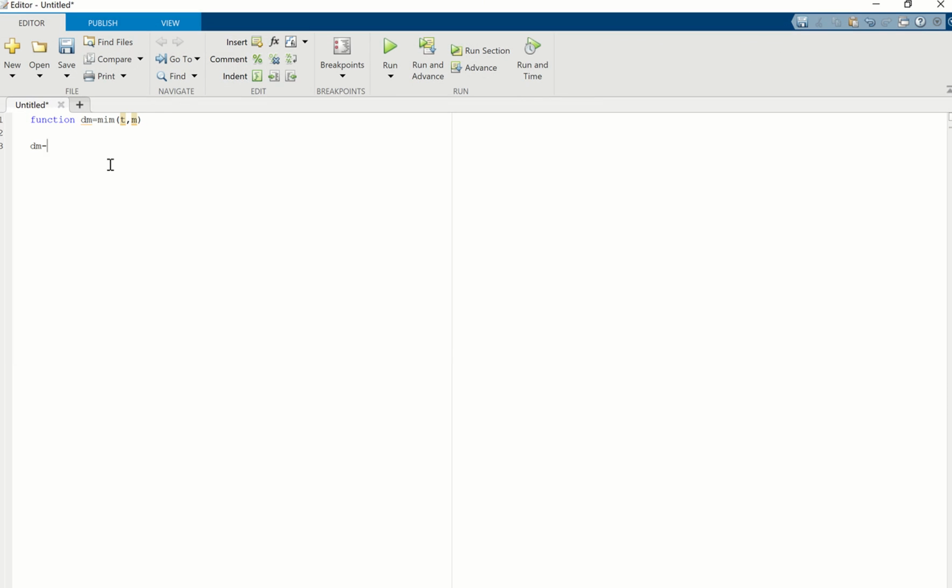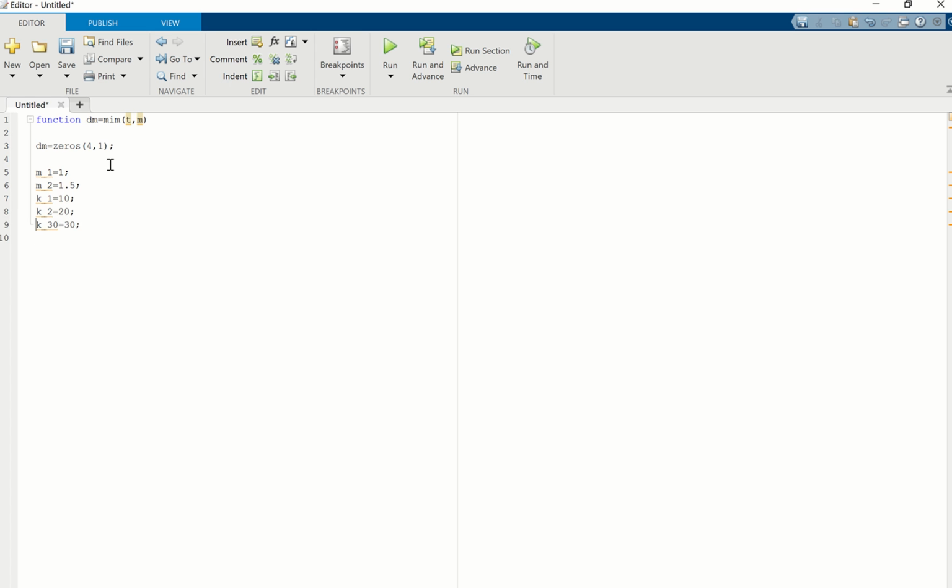For dm, I'm generating the space with zeros 4 by 1, because I have 4 state variables. Say mass 1 is 1 kilogram, and m2 is 0.5 kilogram. K1 is 10, K2 is 20, K3 is 30.